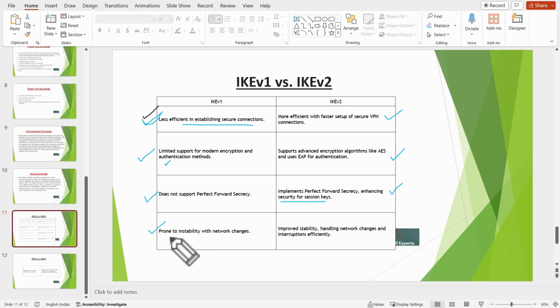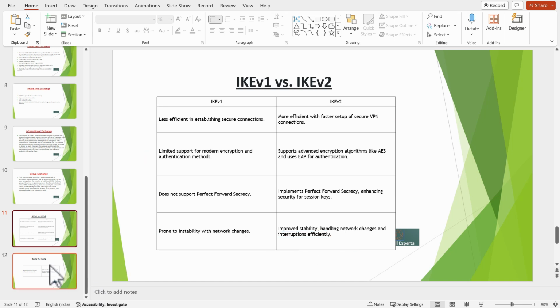Also, IKEv2 has improved stability, handling network changes and interruptions better. So it is more efficient compared to IKEv1.